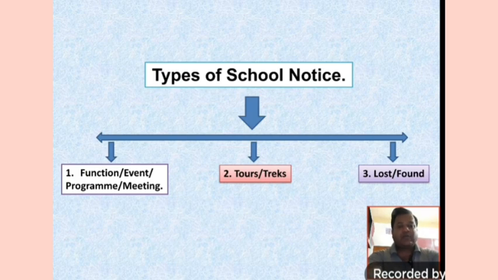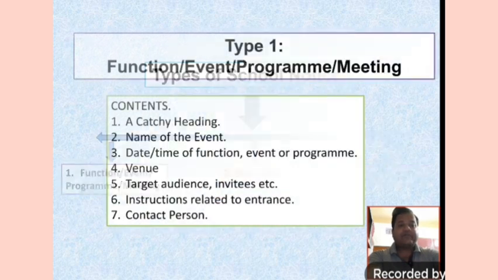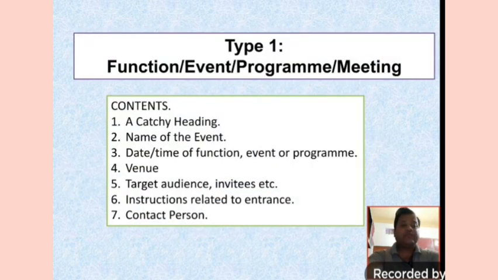Now let us try to understand each of these types, and what points these notices should contain. So the first type of notice is function, event, program, or meeting. In this type of notice, your notice should have the following contents. It must have a catchy heading.